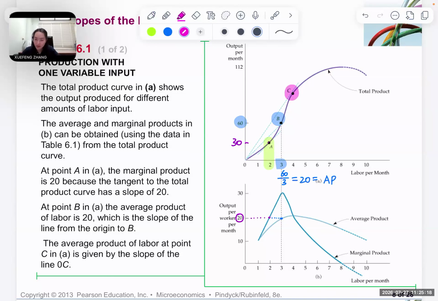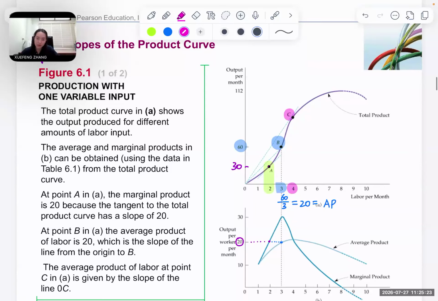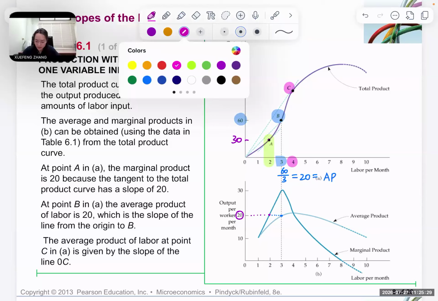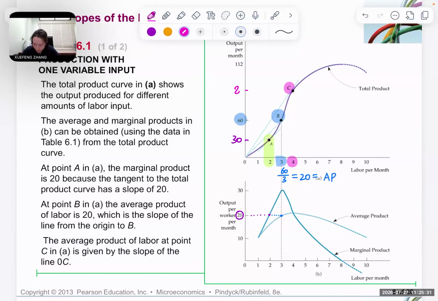You see point C here? We have 4 workers. Total output is 80. And the line from origin to point C, so basically you connect the origin and point C, we will have the slope, which is 80 over 4, equal 20.